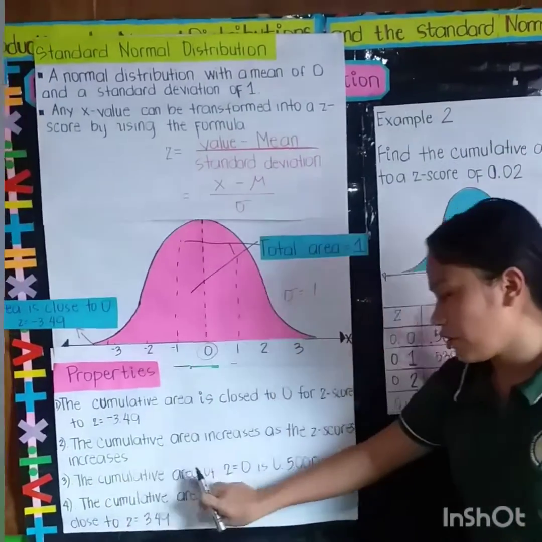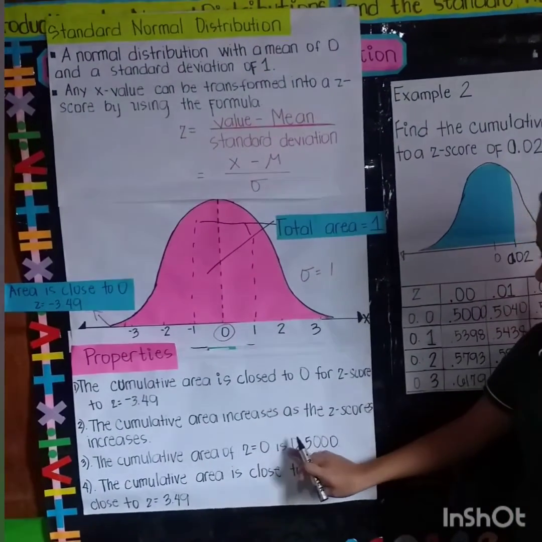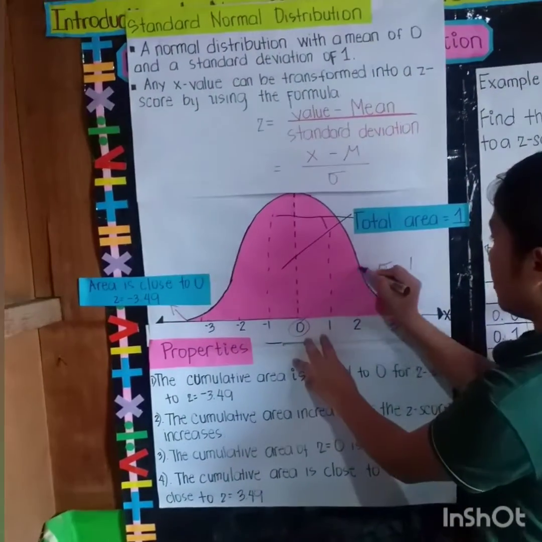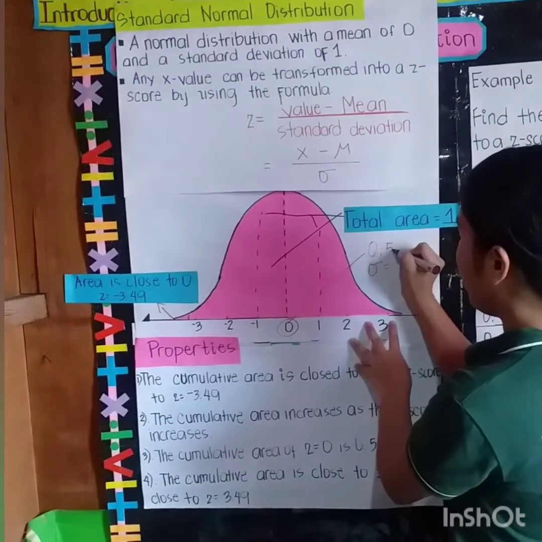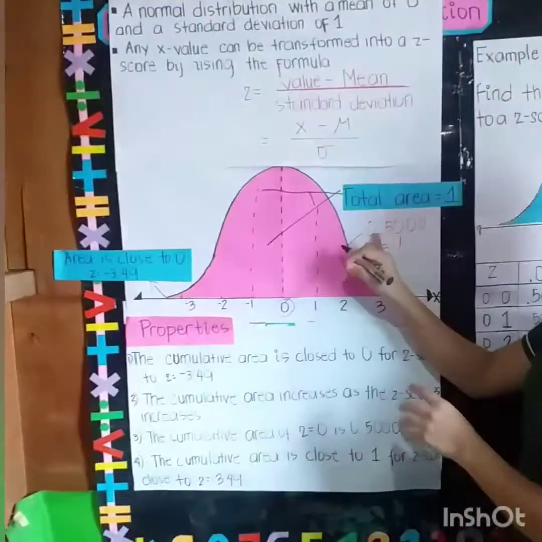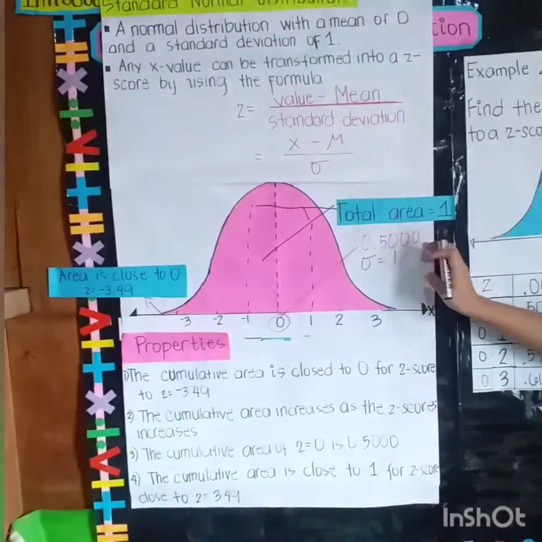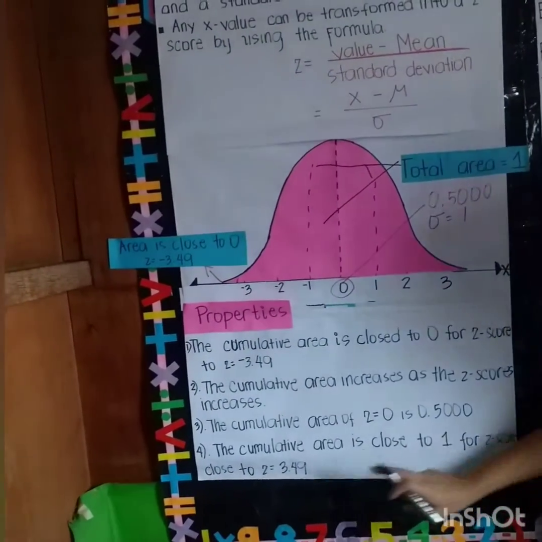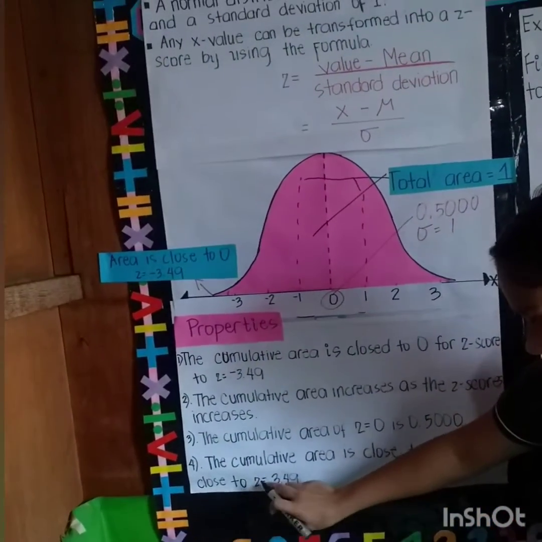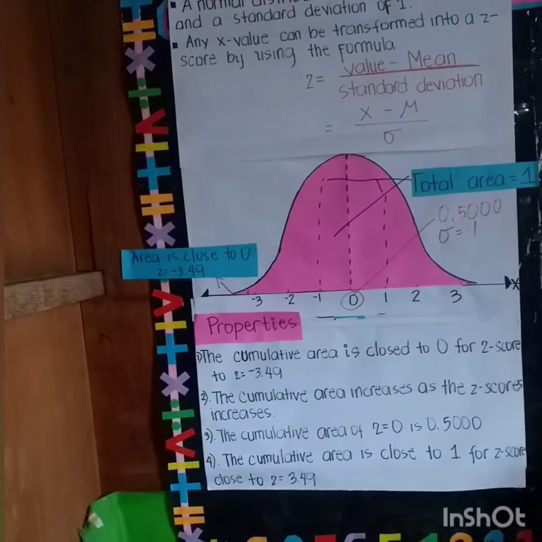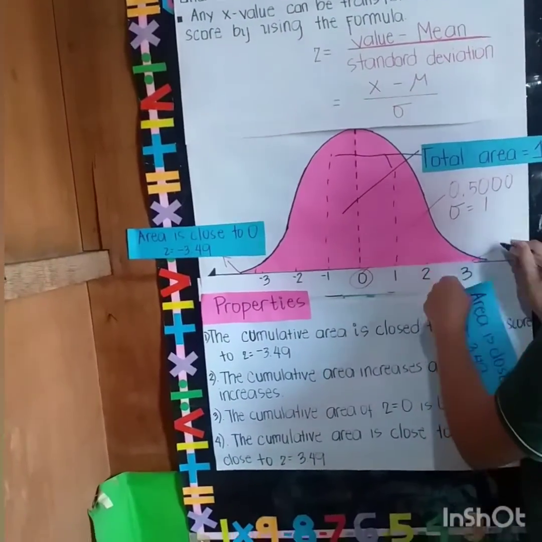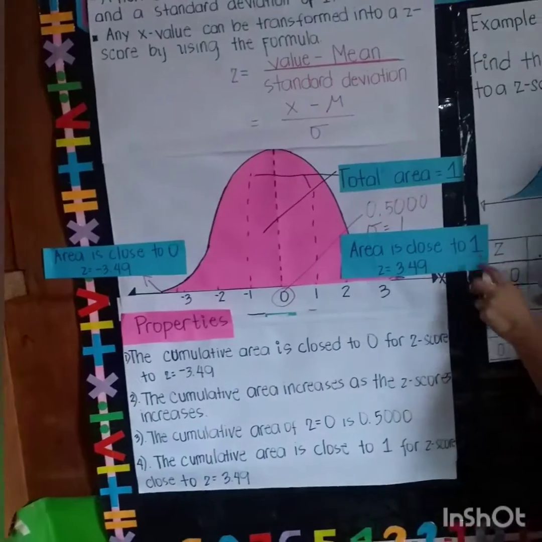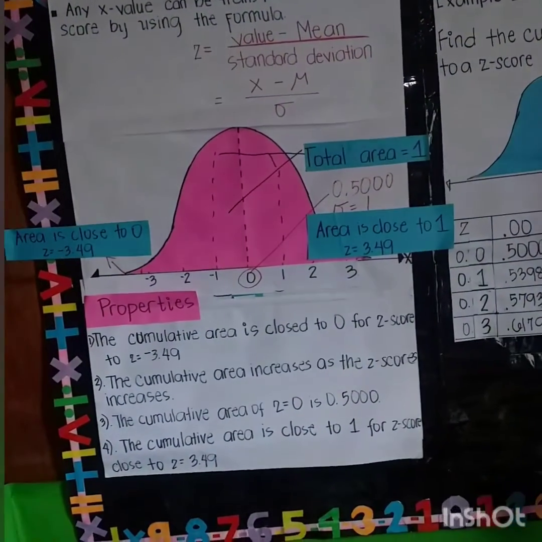The cumulative area of z equals 0 is 0.5000, or 0.5, which can be found in the table. The cumulative area is close to 1 for z-scores close to z equals 3.49.